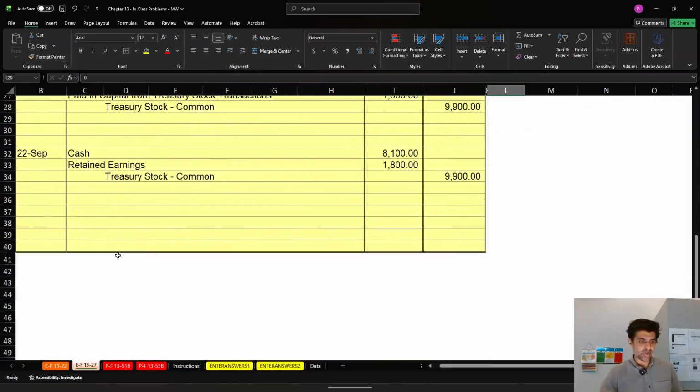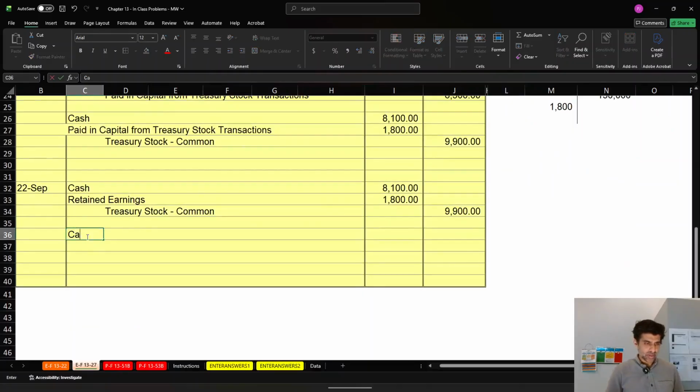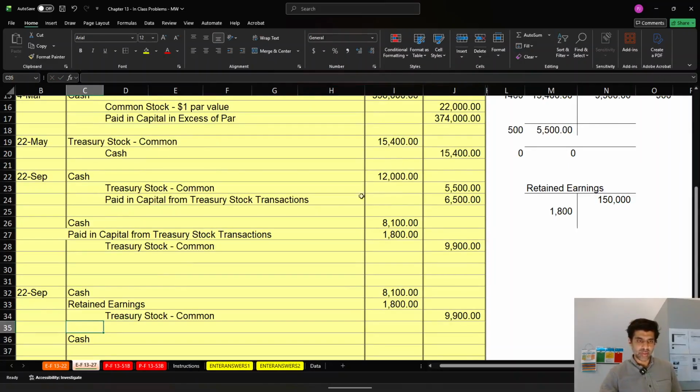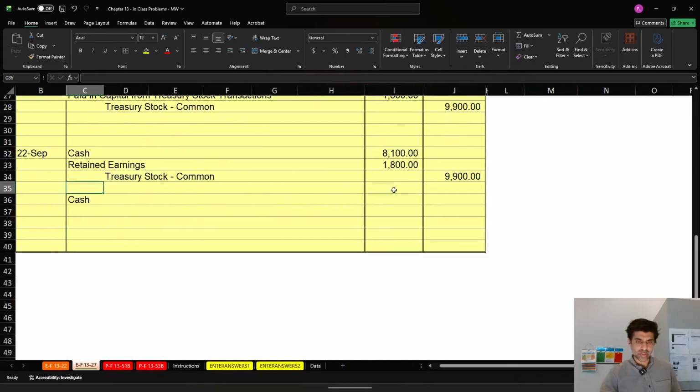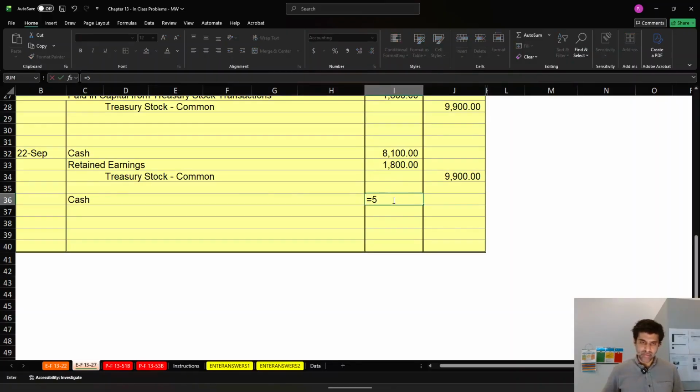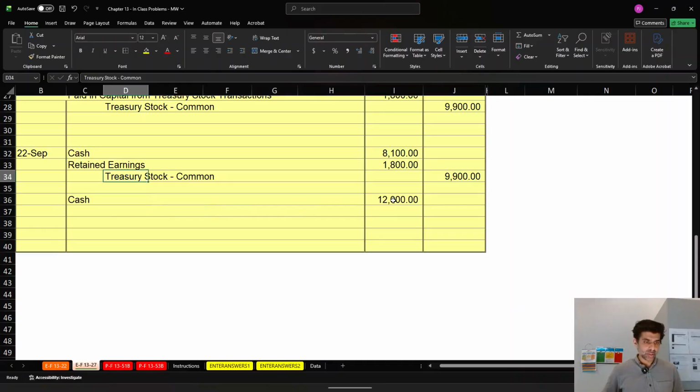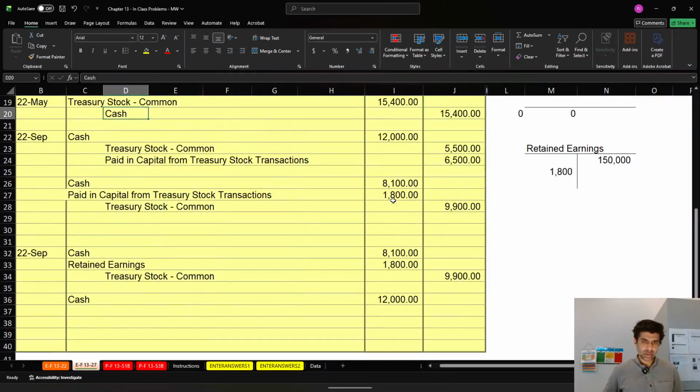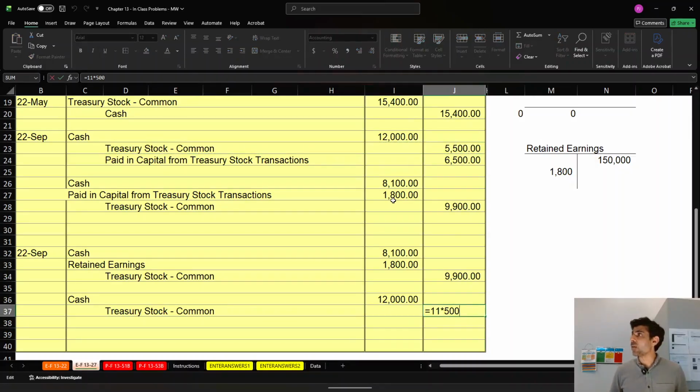Okay, so now we're going to sell those other 500 shares. Again, the cash is going to be the same as this, 12,000, which is equal to 500 shares times $24 each. The treasury stock is going to be the same as this, because remember, this was 500 shares times $11, our cost basis.